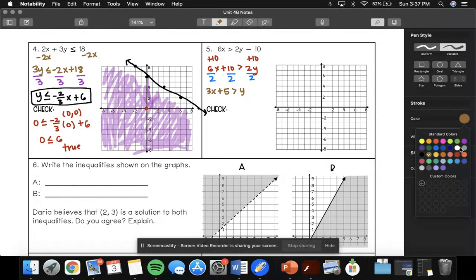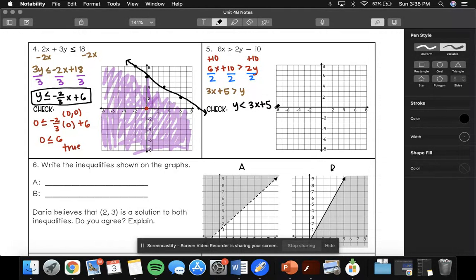Okay. Now if you don't like the way that looks, if you'd rather have y equals mx plus b, just make sure that the symbol is greater than this stuff. So when you rewrite it, it needs to be greater than that stuff as well. So if you flip it, make sure you also flip the symbol. So we would start at 5. We would go up 3, right 1, and then go backwards.